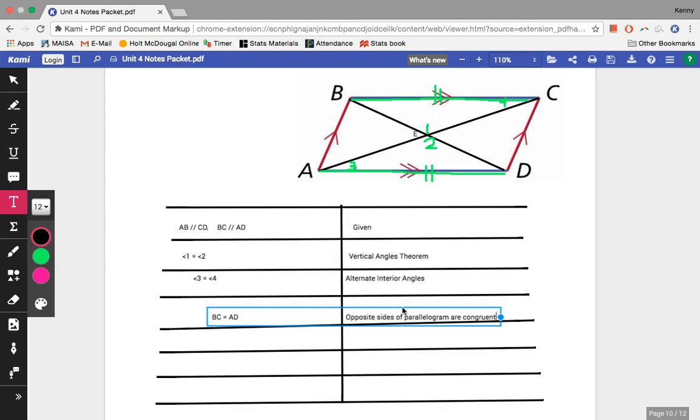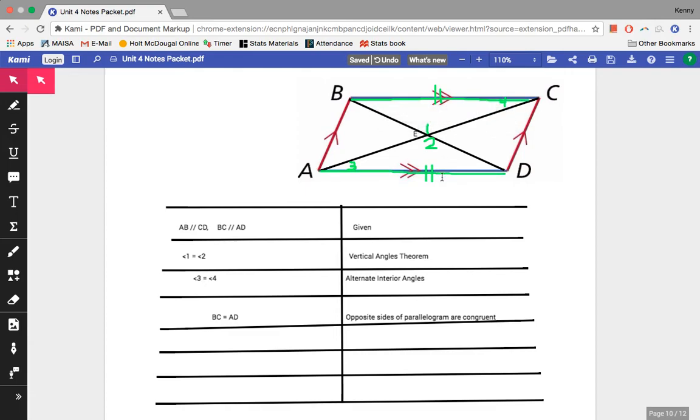That actually might be better. You're saying, hey, we already proved this. We don't need to prove it again. We know BC and AD are equal because we proved it before. So therefore, we're going to just transfer that proof down here and say they're still equal. Alright, so this guy and this guy are equal.